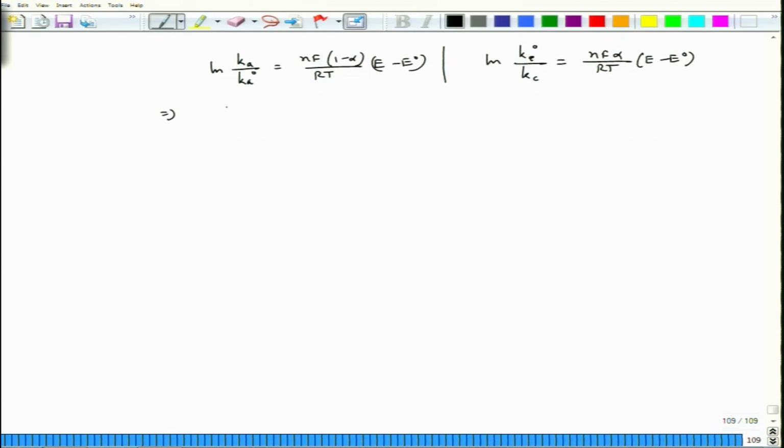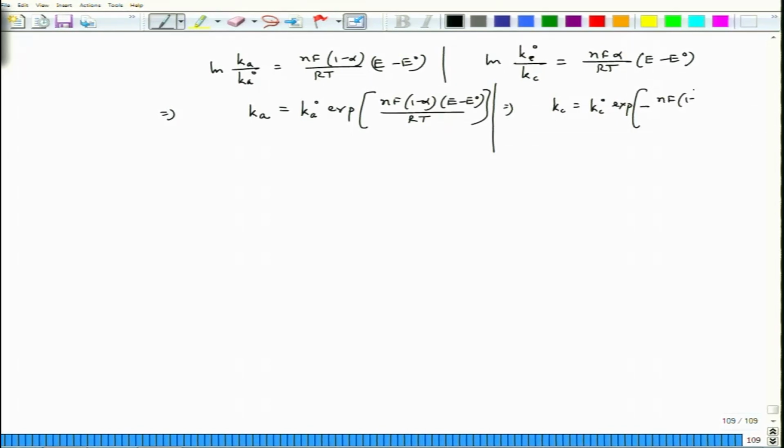Now, I can write it as K A equal to K A 0 exponential n F (1 minus alpha)(E minus E 0) divided by R T, and on this side K C would be equal to K C 0 exponential minus n F alpha.